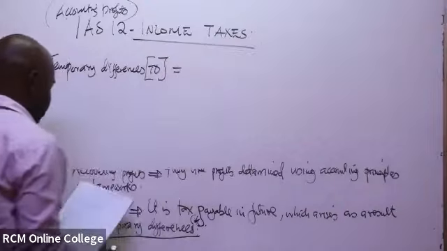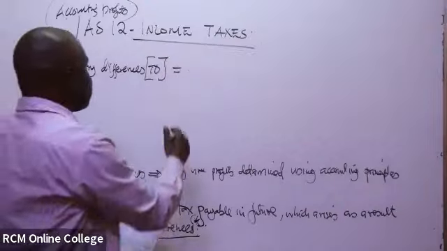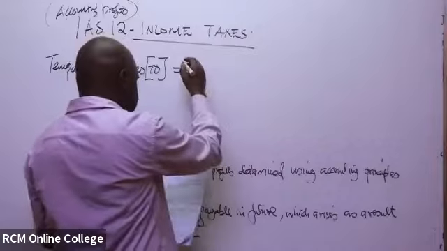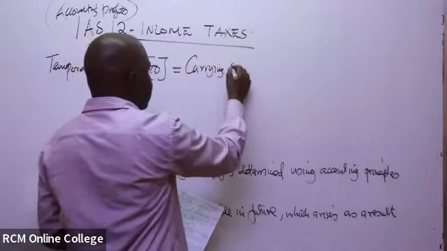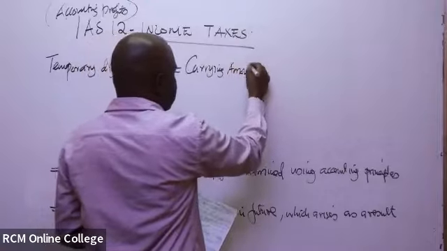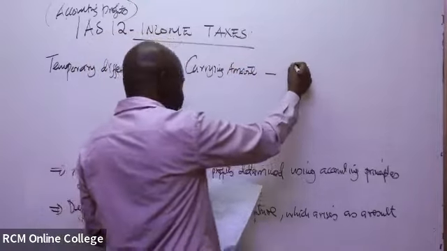So it will basically be equal to the carrying amount of an asset, minus the tax base.